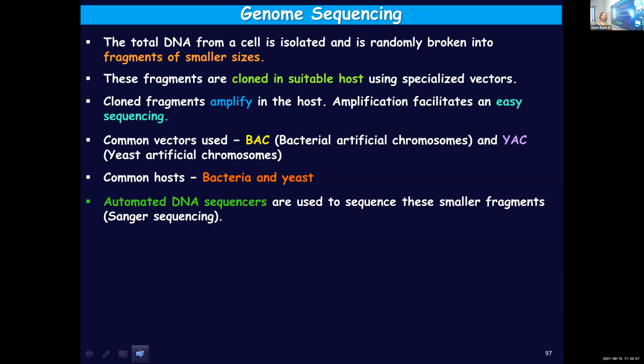You know that the DNA is around 2.2 meters. It is not easy to sequence the entire DNA at a stretch. So in order to facilitate easy sequencing, it is split into several fragments, and then these fragments are sequenced. It is not easy to do it humanly, so machines are used. Automated DNA sequencers are used.